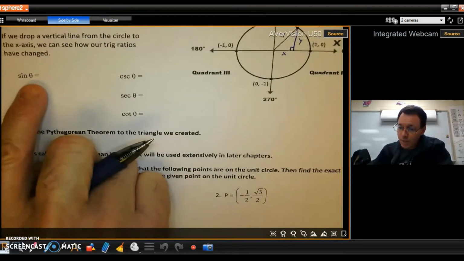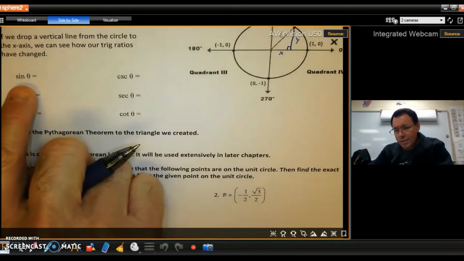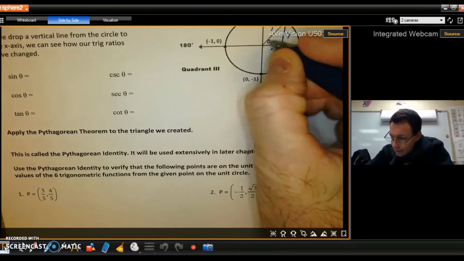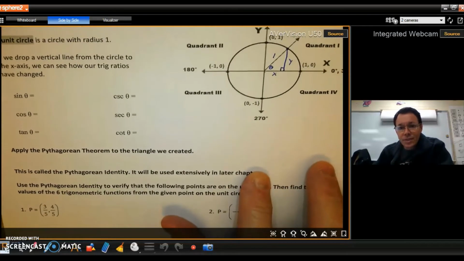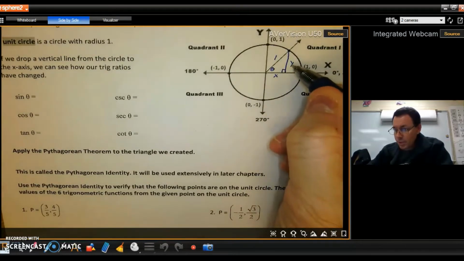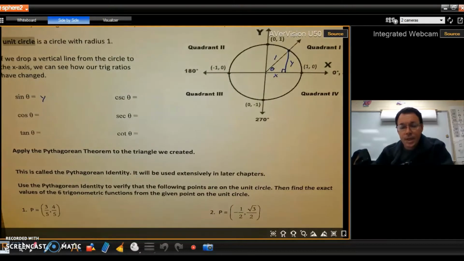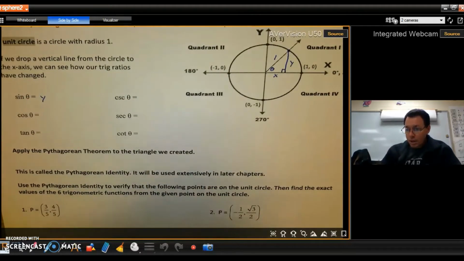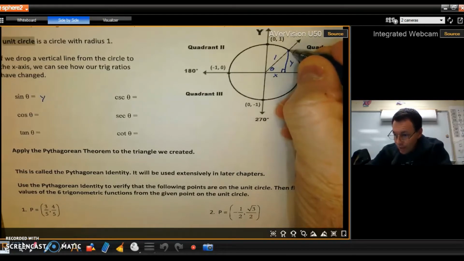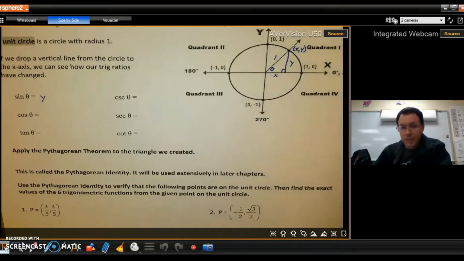So if you come over here and take a look at our trig functions, they're going to change a little bit. So the sine of, here's my angle, theta, the sine of theta, which is opposite over the hypotenuse, is simply going to be y over 1, or y. If you have a point on a unit circle, the y value of this point right here, it's some (x, y) coordinate.